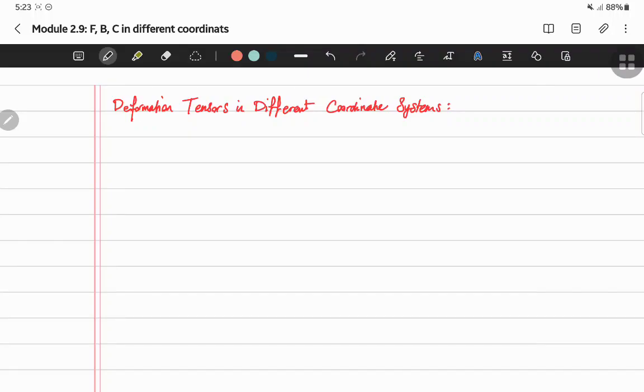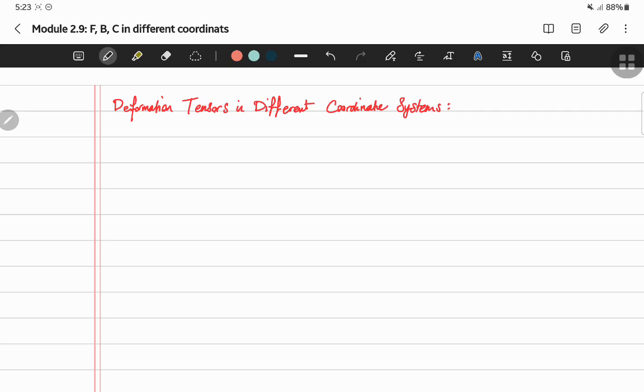Hello everyone and welcome to this module on continuum mechanics. We are moving toward the end of the third chapter, which was about the kinematics of the continuum, mostly hovering around the strain and deformation tensors.